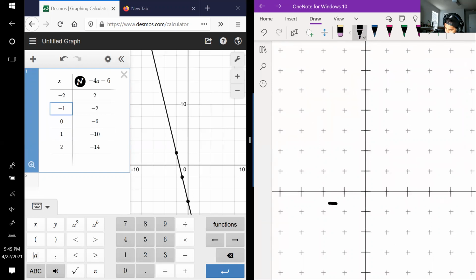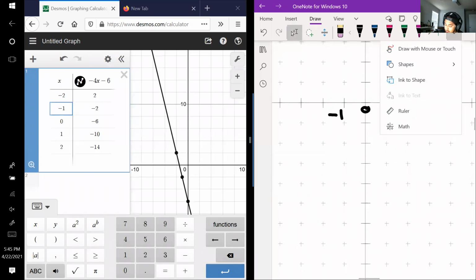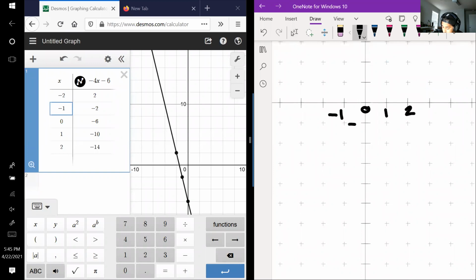So here's negative 1, 0, 1, 2. And then looking at my y values, we go down to negative 14. So I will make the y values here go down by 2's. Okay. We are ready to plot.